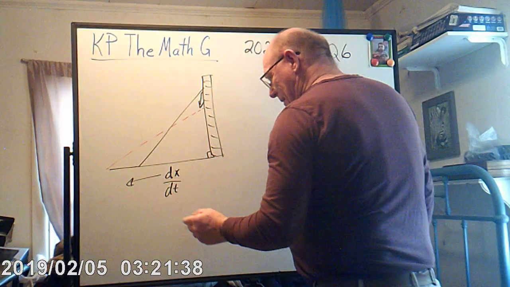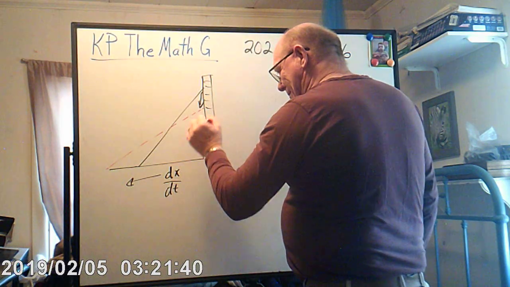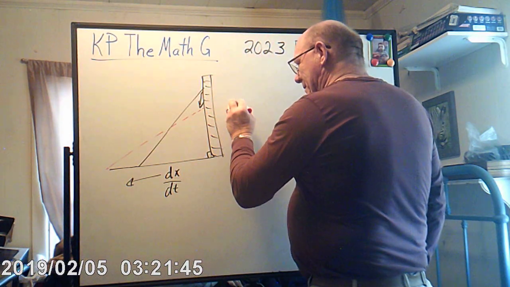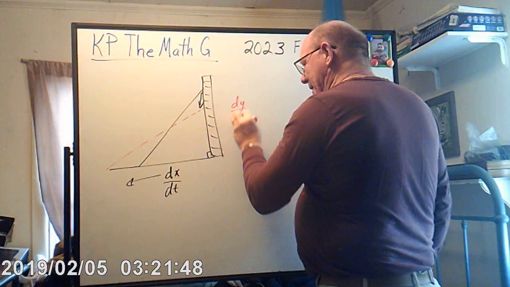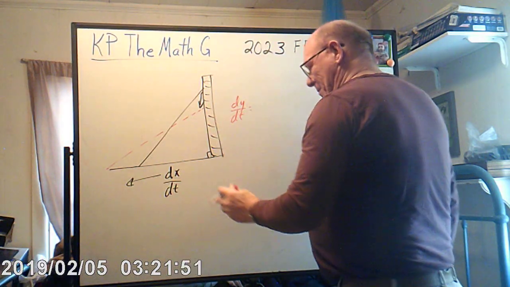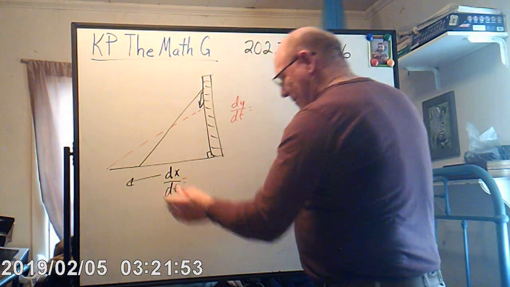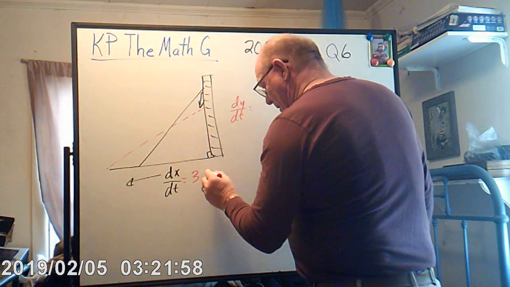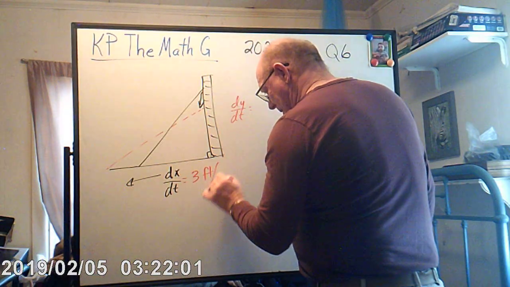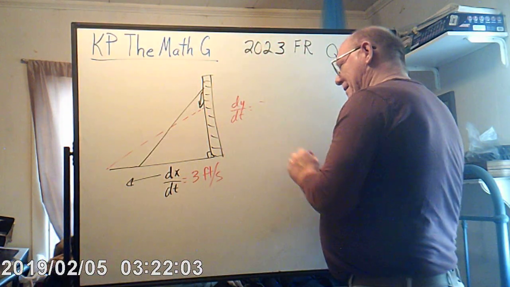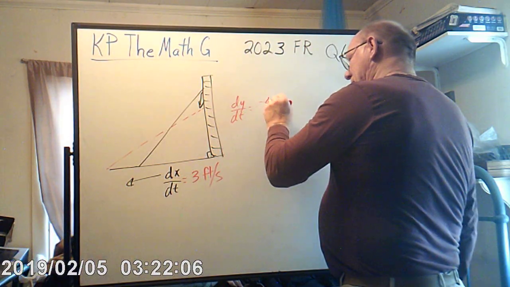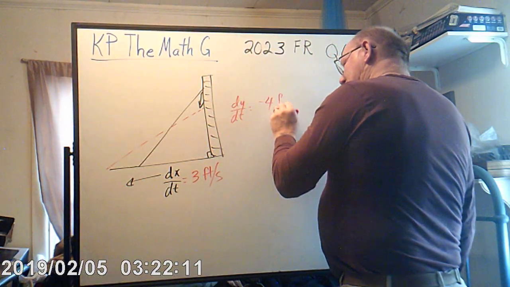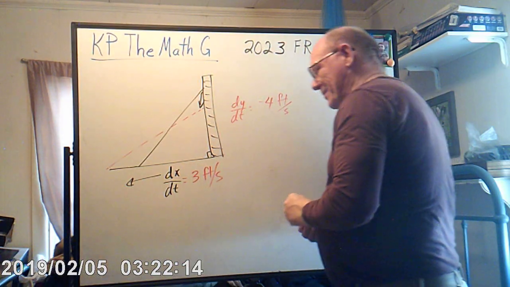This rate is decreasing if it's going down, at a rate of dy over dt. It's very possible that you could have something increasing at a rate of 3, maybe feet per second, and this one decreasing at a rate of maybe 4. Since it's going down, we're going to have a negative feet per second. So basically that's it.